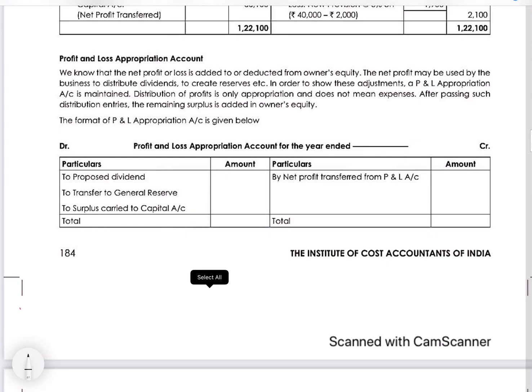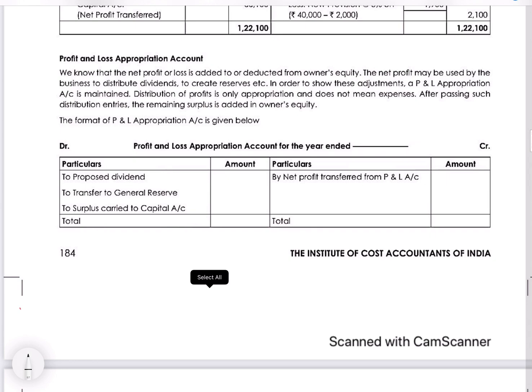It shows how the owner, the proprietor or the partners who own the business, will utilize the profits, how they will allocate them and for what purpose. That presentation is shown in the profit and loss appropriation account.